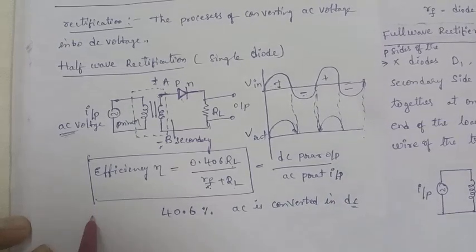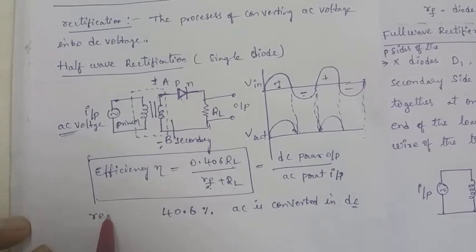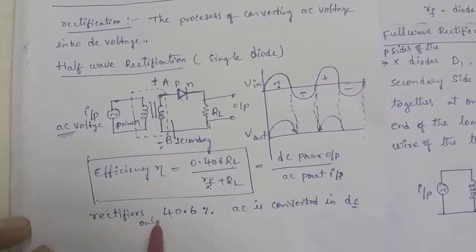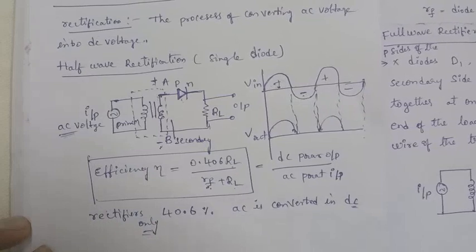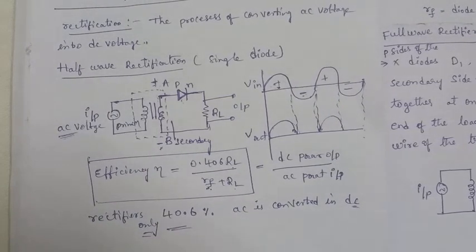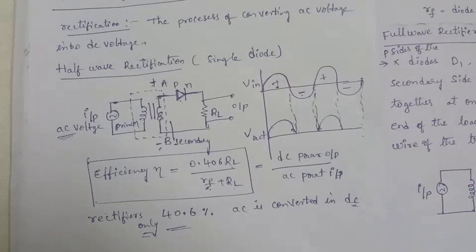So it will rectify only 40.6%, that means around 41%. So only 40.6% will be converted within the 100% of input. So some part will be lost.